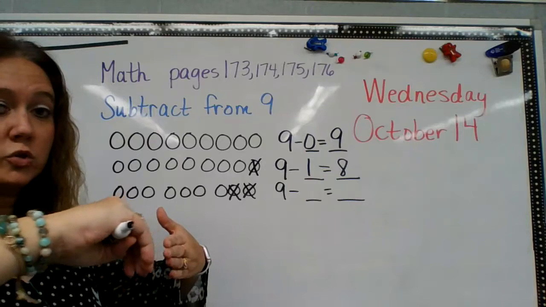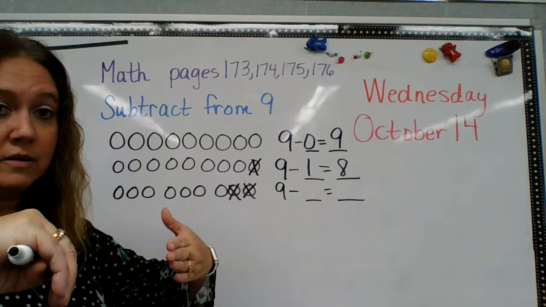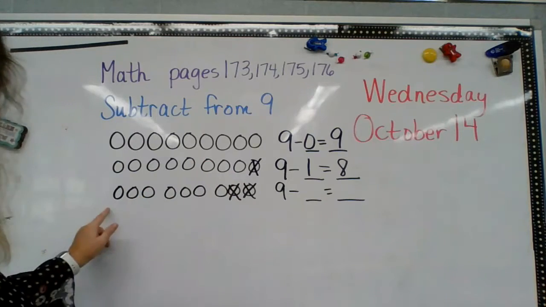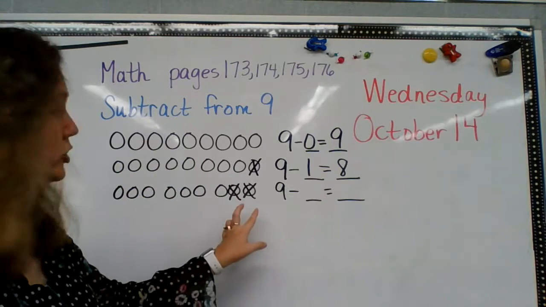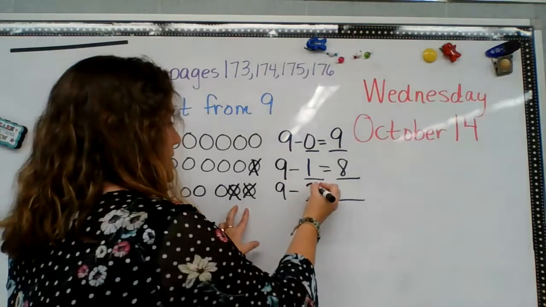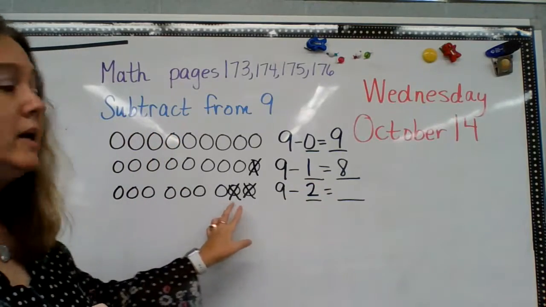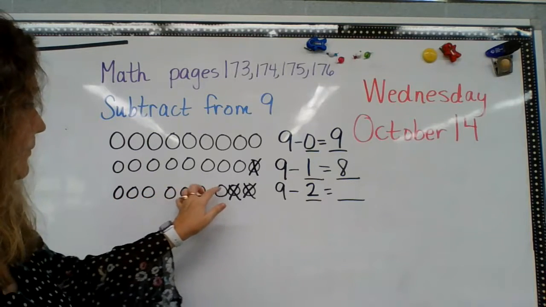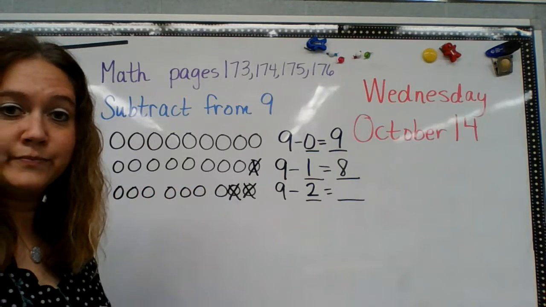This time you're going to scooch 2 away. Okay? Every time you need to start off with that 9. I took 2 away, so our number sentence is 9 minus 2. How many are left? 7.